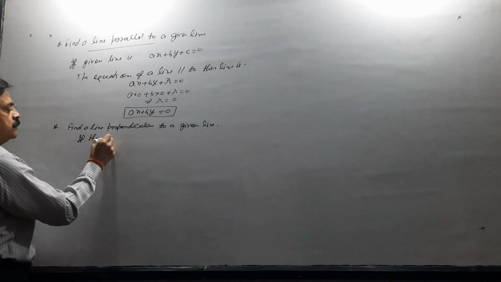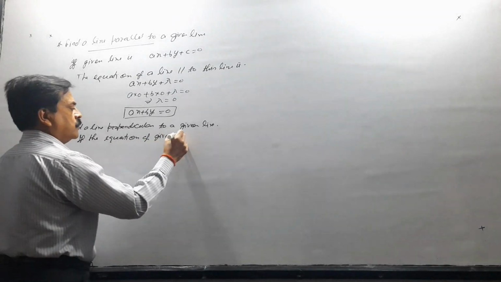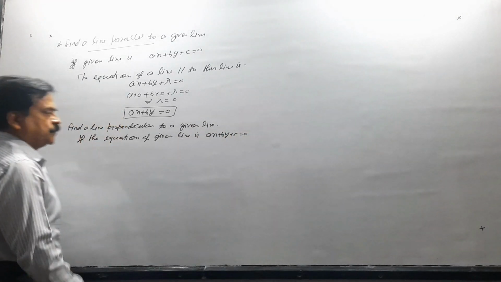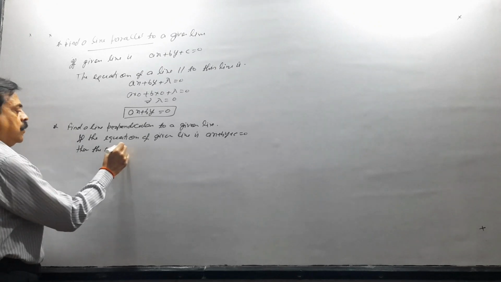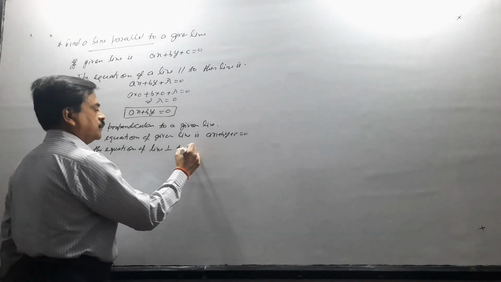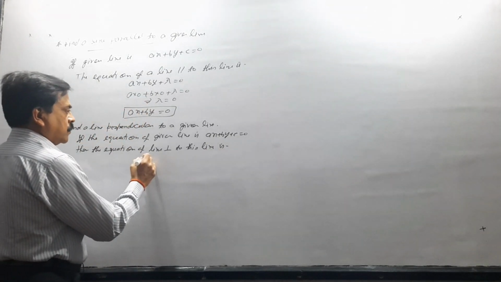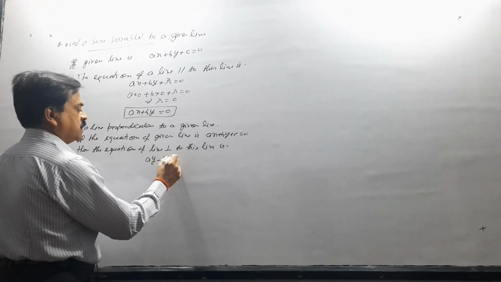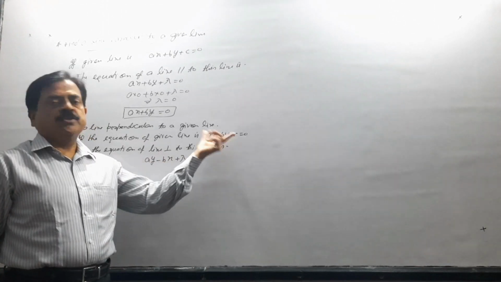If the equation of the given line is ax plus by plus c is equal to 0, then the equation of a line perpendicular to this line is ay minus bx plus lambda is equal to 0. This is a line perpendicular to this line.